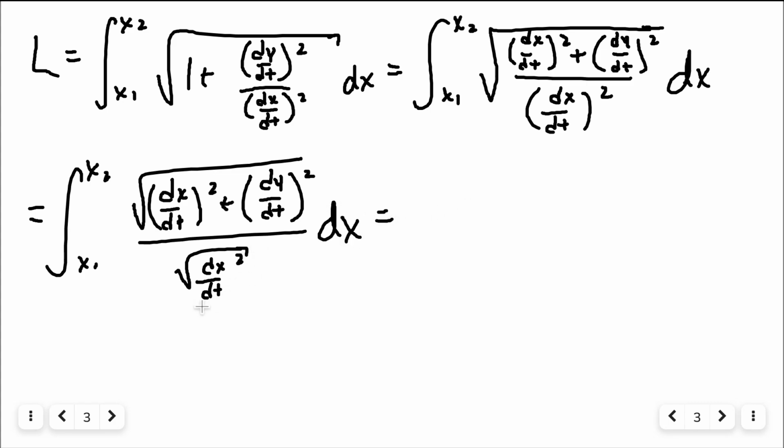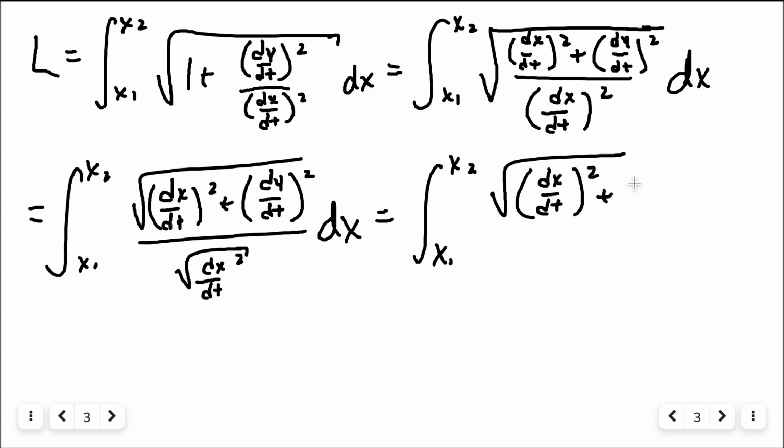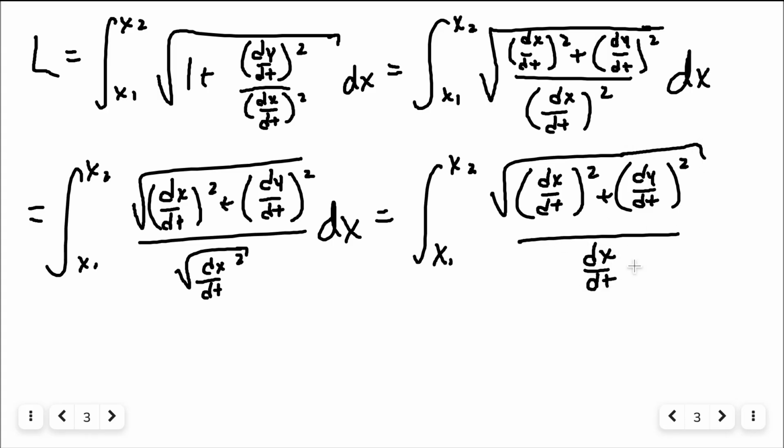Now, the square root of dx dt squared, I can do that. The square root of the square is dx dt. So let's write that, and then we'll take stock of what we have and where we still need to go: dy dt squared over dx dt, with respect to x.